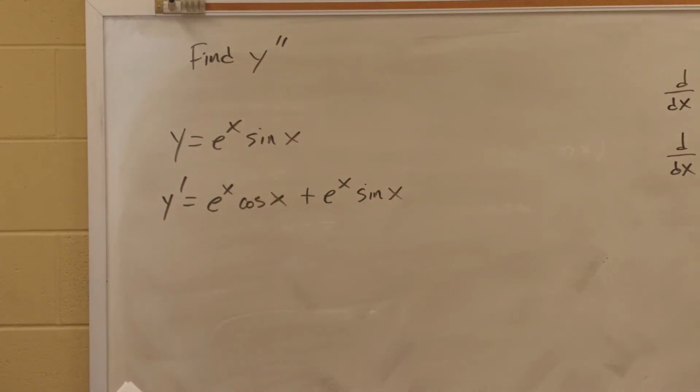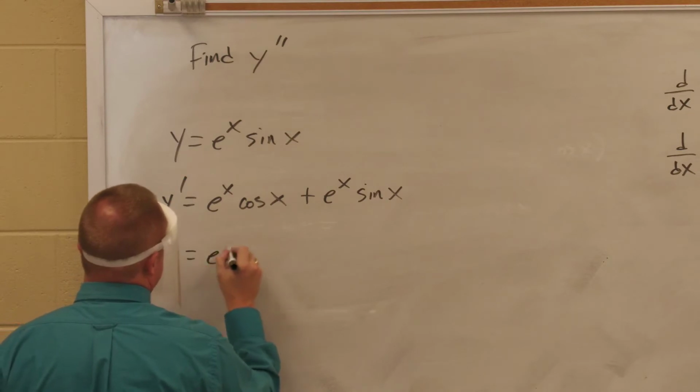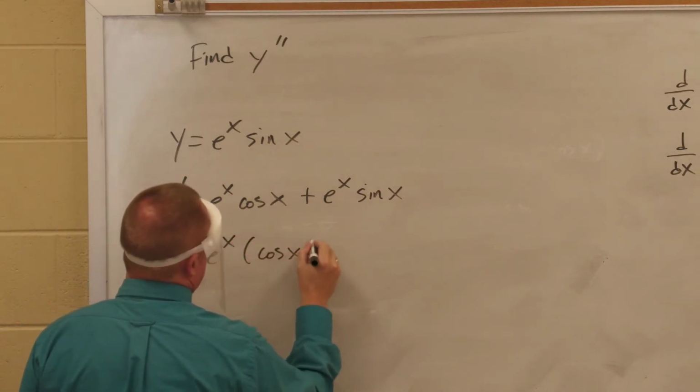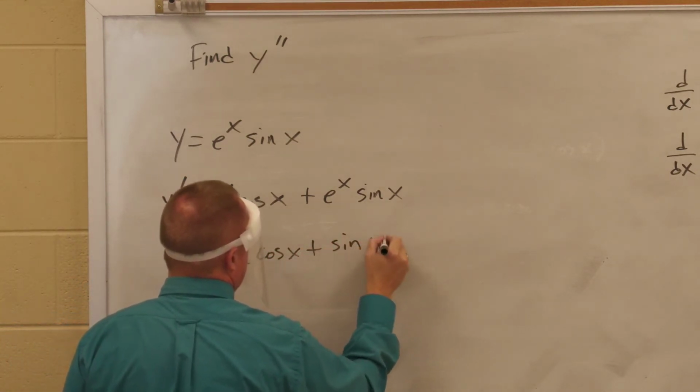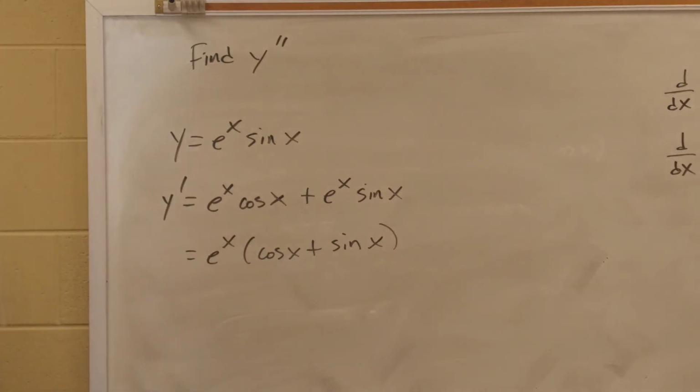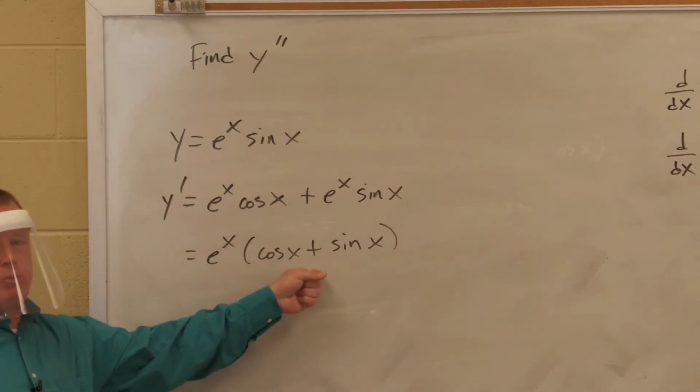Okay, that's my first derivative. You could factor an e to the x out. It might be easier to do that way. Let's do it that way. So let's factor out an e to the x. All right, so now I've got one single product to do.